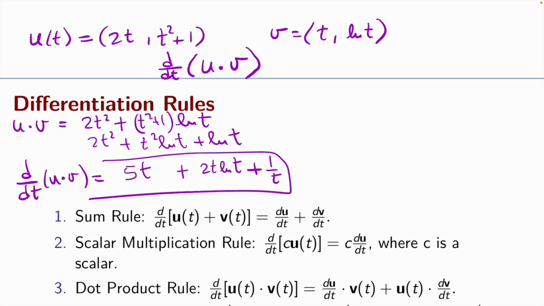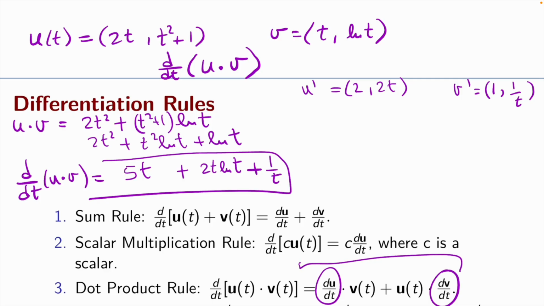The derivative of u is going to be, the derivative of 2t is just 2, and the derivative of t squared plus 1 is 2t. This is the derivative of u, and we are also going to need the derivative of b. So b is this one, the derivative of t is 1, and the derivative of logarithm of t is 1 over t.